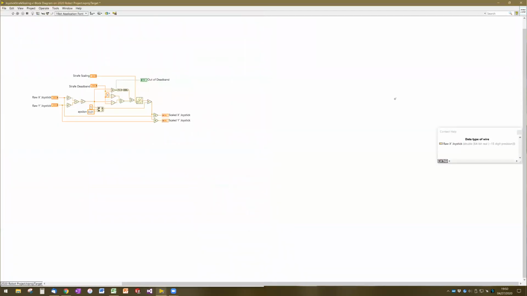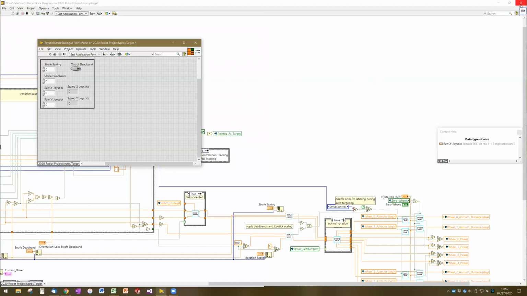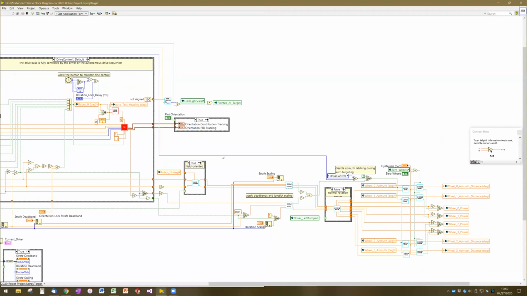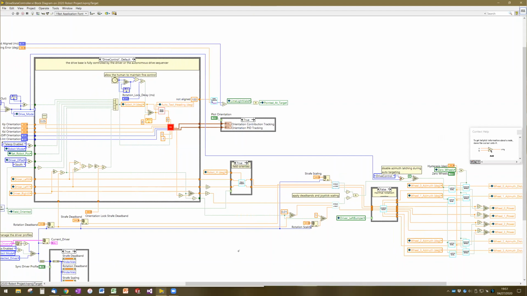So all of these scaling factors, the exponent and the deadband, have very significant impacts on how the joystick feels to the driver, how their actions make the robot behave. And so it is preferable to be able to tune the exponent and the deadband to each individual driver.